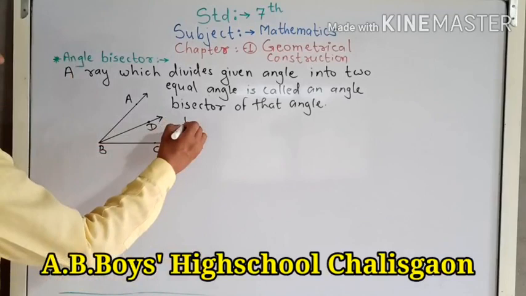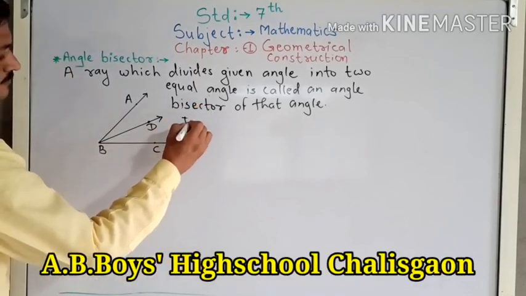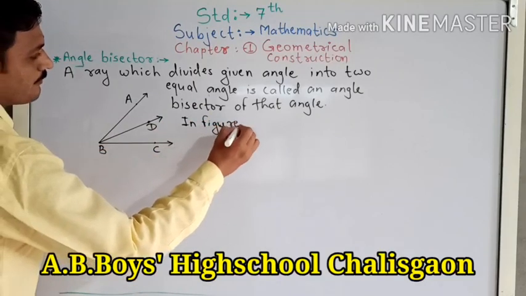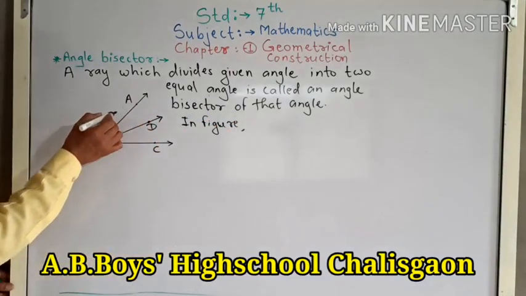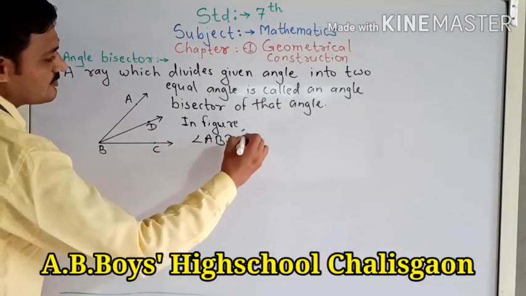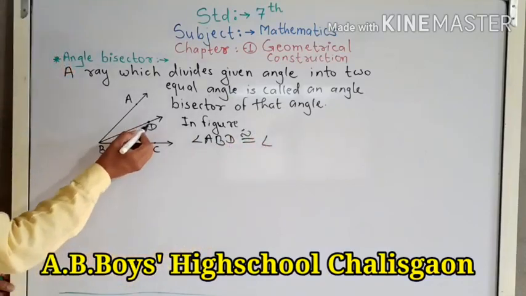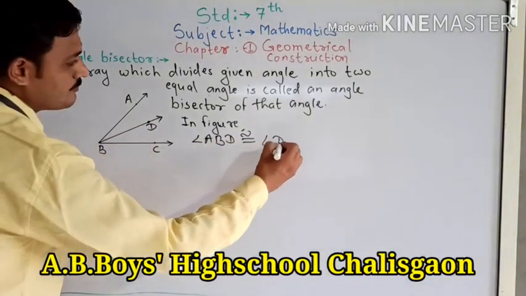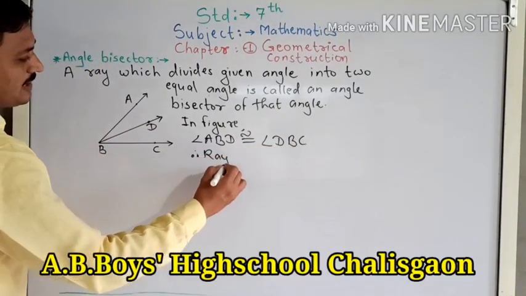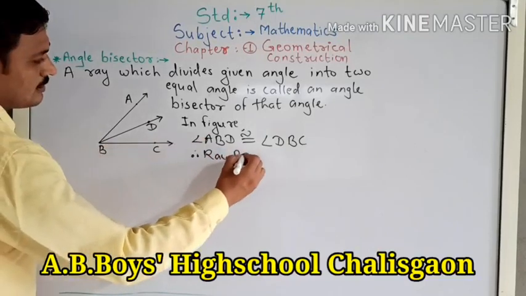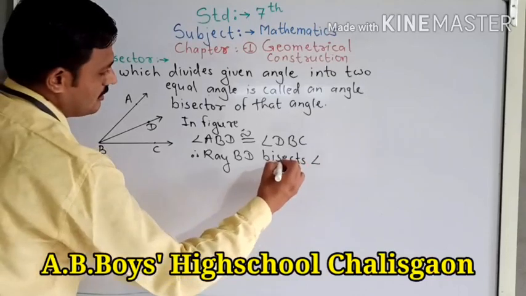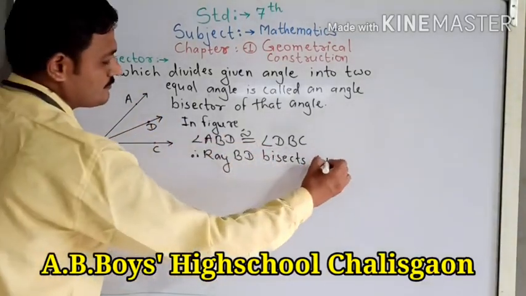In this figure, angle ABD is congruent to angle DBC. Therefore, ray BD bisects angle ABC.